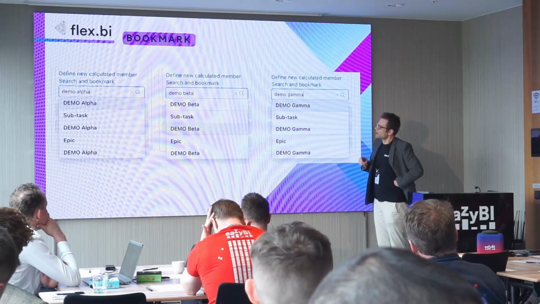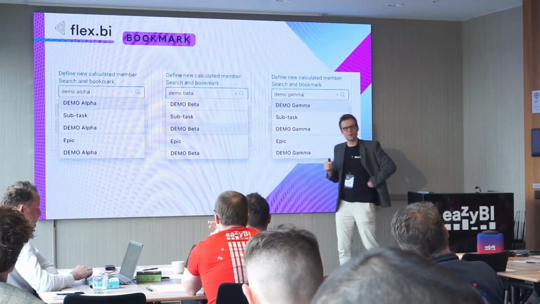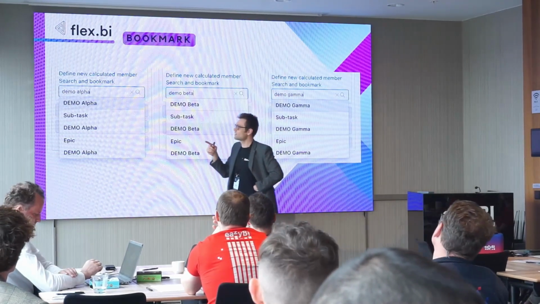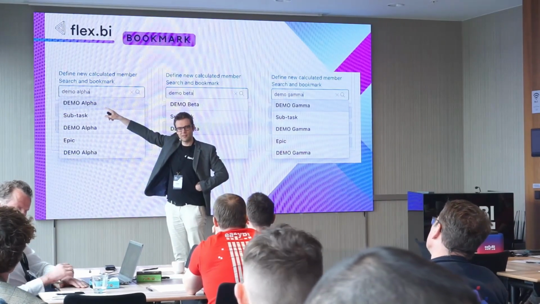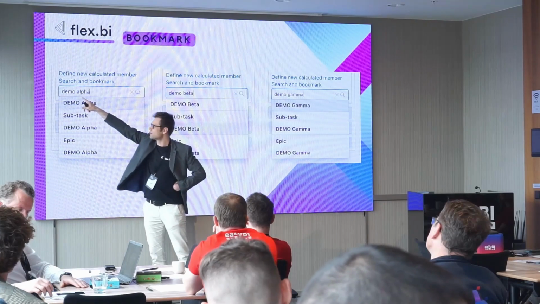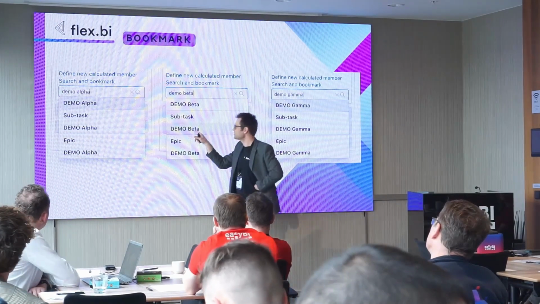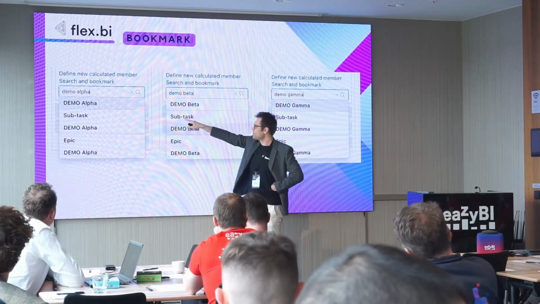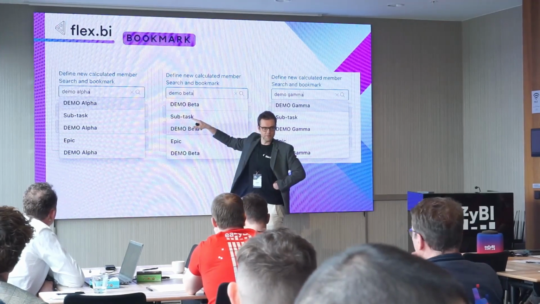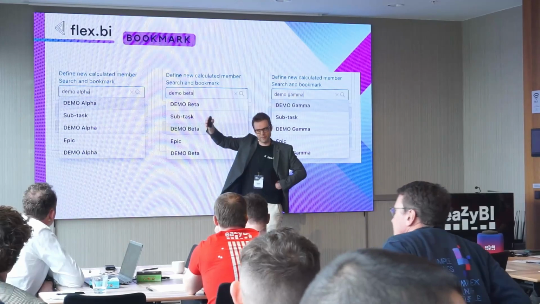So the mistake we made is that when we bookmarked these members, we selected this one in the default hierarchy because there's no name here. However, when we bookmarked this demo beta, we went and bookmarked a member from the subtask hierarchy. So this is where it's grouped by subtasks and parents, right?